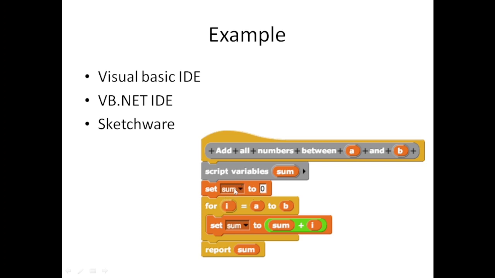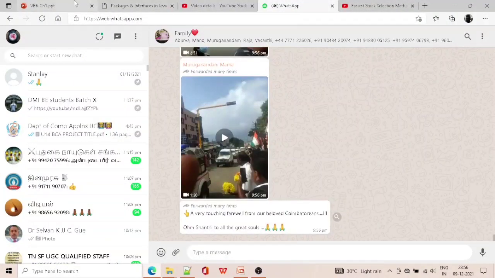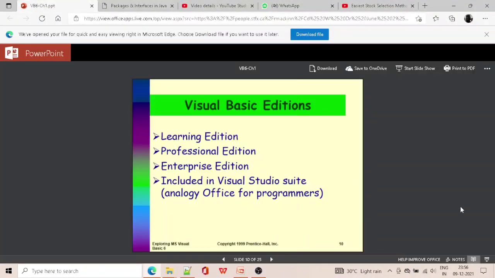We are setting the sum variable as 0. Then we are using a loop and we are setting some other variables, okay, and we are reporting sum. So this is one of the visual programming examples.